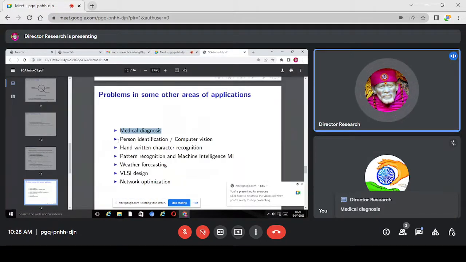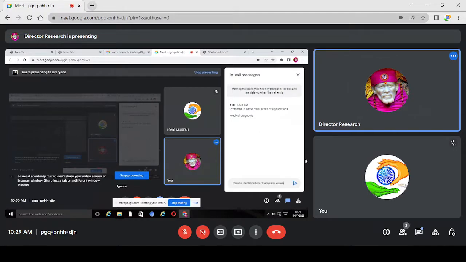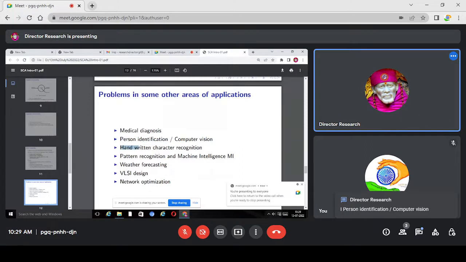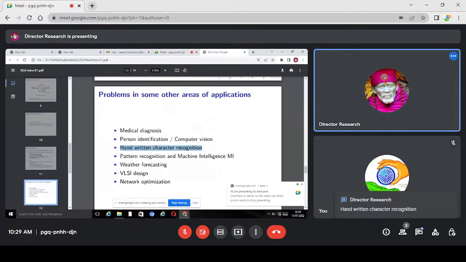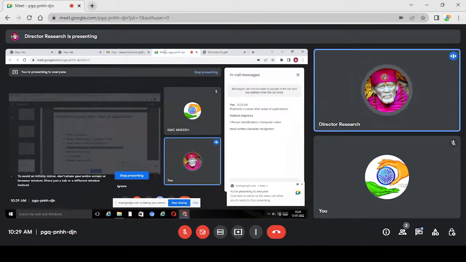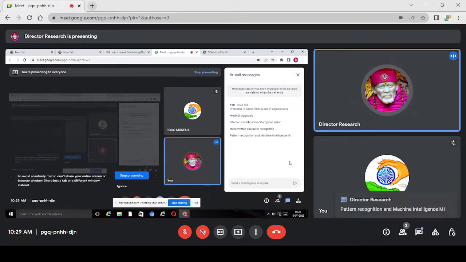The other ones are person identification and computer vision, handwritten character recognition, pattern recognition and machine intelligence. Just observe the applications. This is the heart of the course.